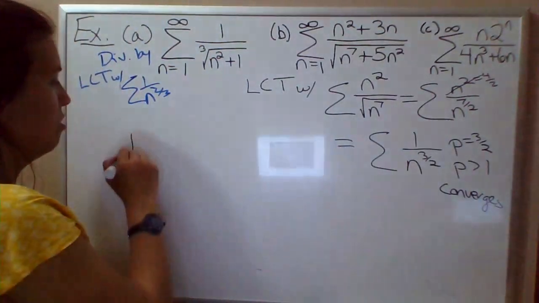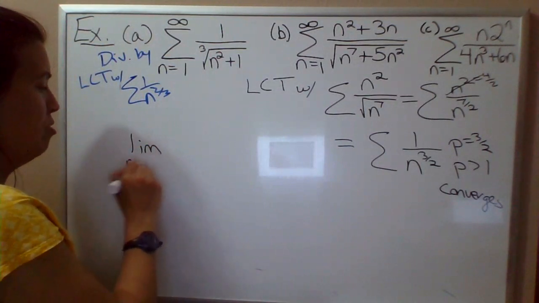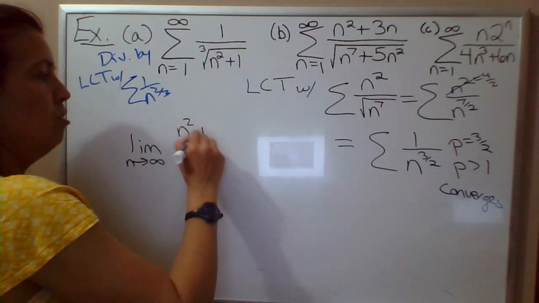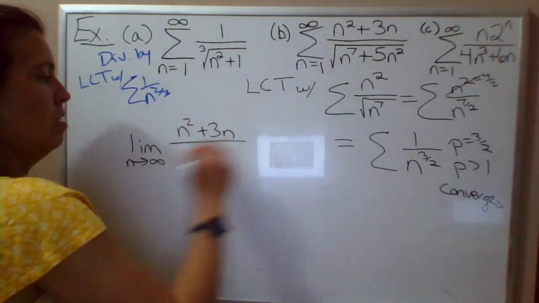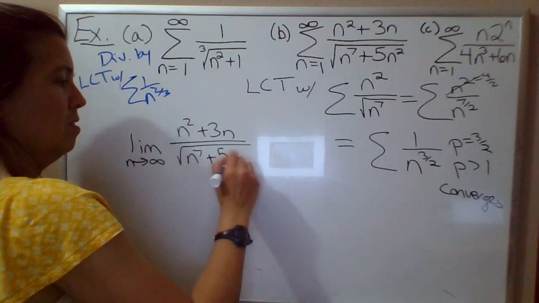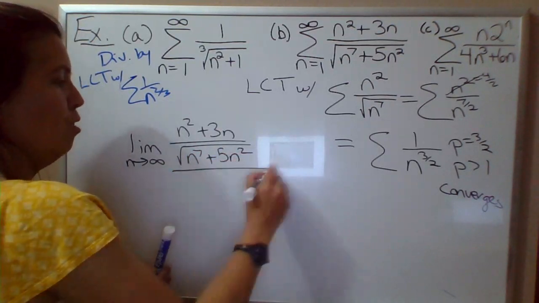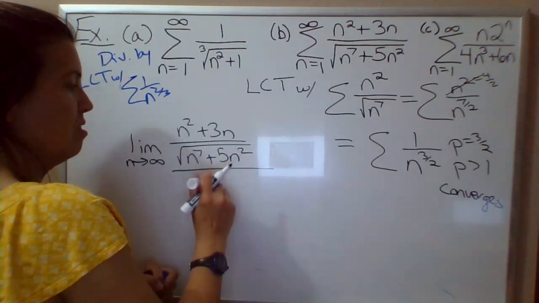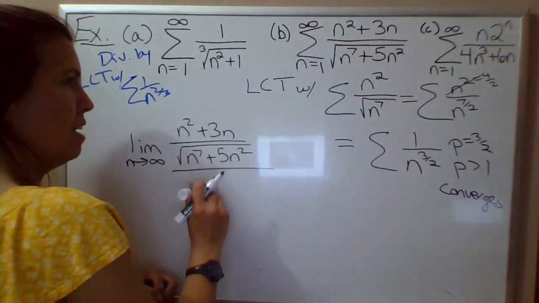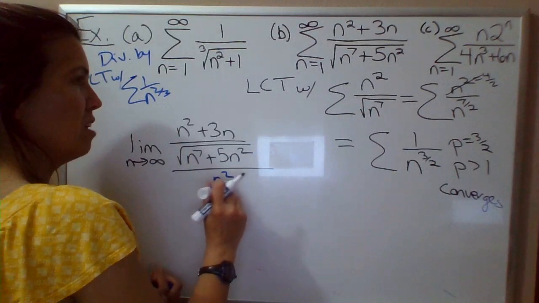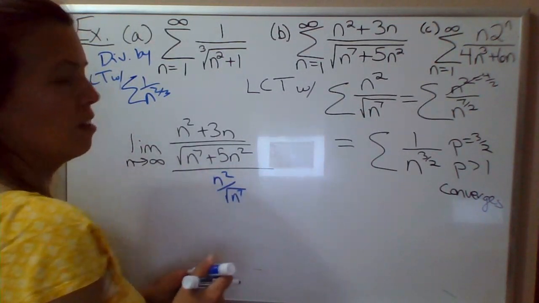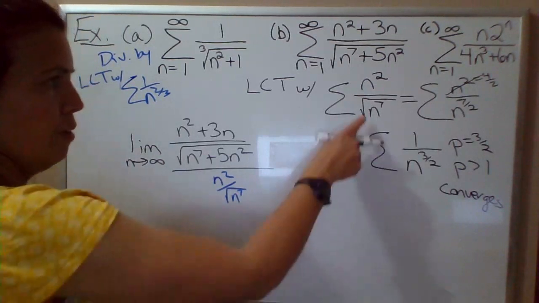Limit comparison test. So we take the limit as n approaches infinity of the ratio of the given terms, very messy, over our comparison series. You can use the simplified version or not. I'm going to use the unsimplified version in this case, so n squared over the square root of n to the 7th, the way I wrote it to start off.